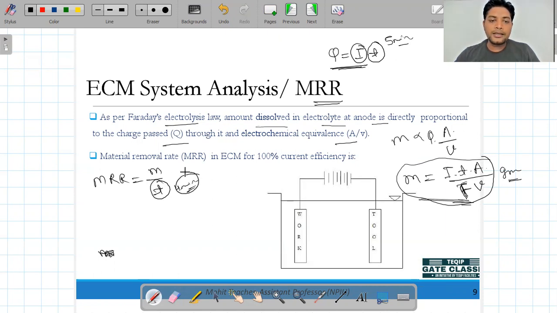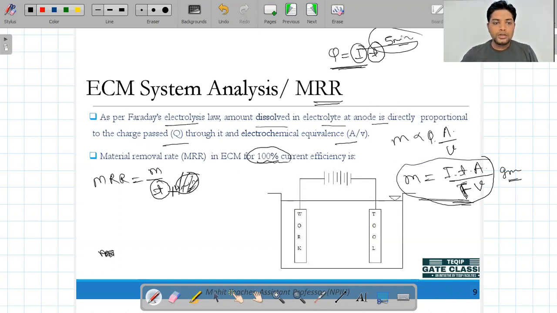That is why I said we are considering it for 100% efficiency: whatever heat is generated, exactly that amount is immediately absorbed by the workpiece. Please keep in mind. If this question is in your mind, I will clarify it.